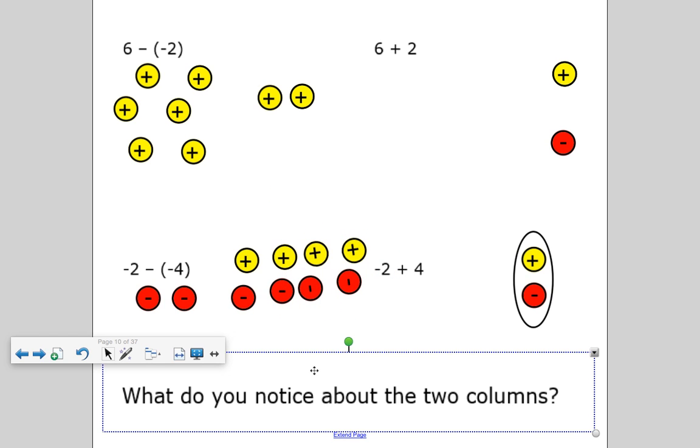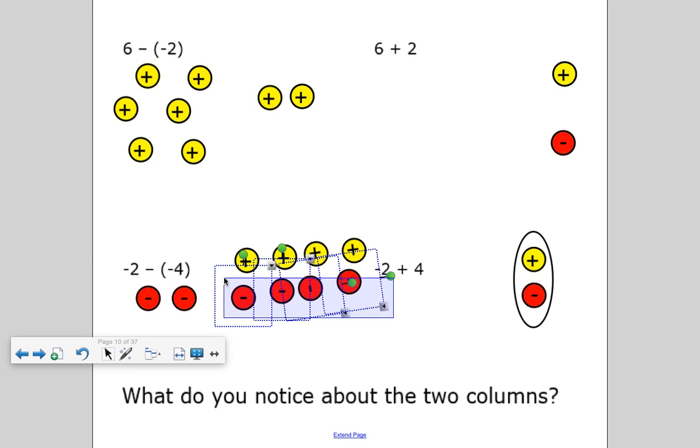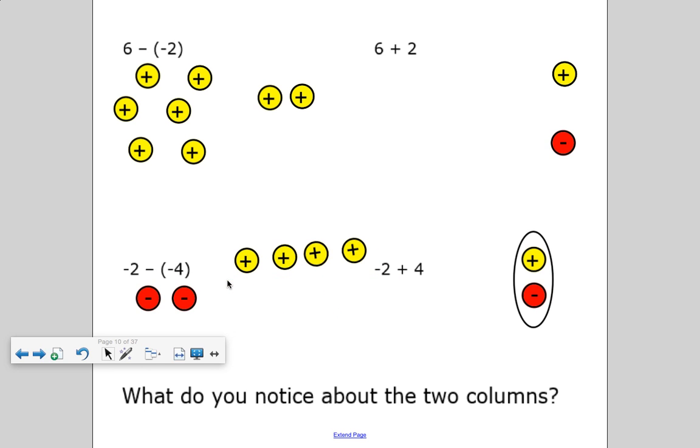Now can I take away 4 negatives? I take away these 4 negatives. So it seemed like I added 4 positives. So I started with 2 negatives. I added 4 0 pairs. I took away the 4 negatives. I'm left with 4 positives.